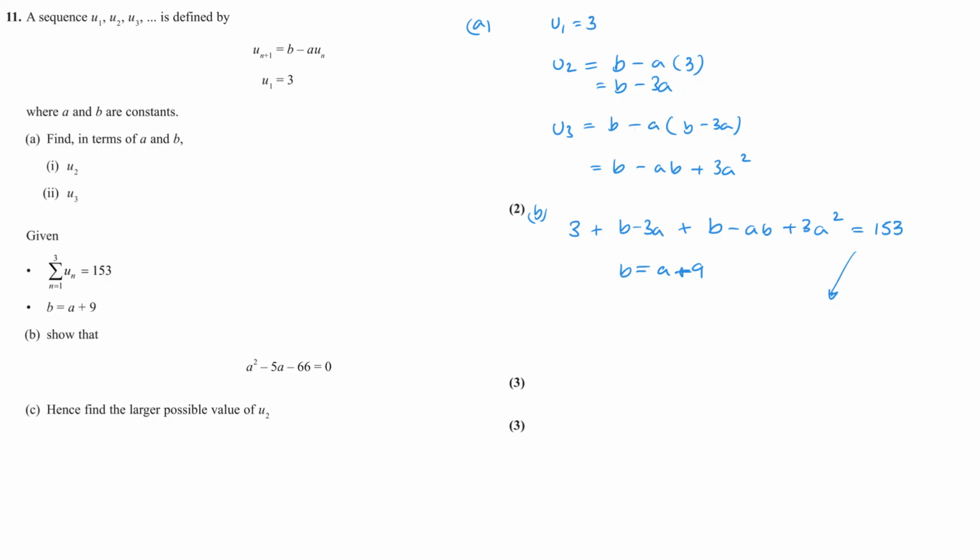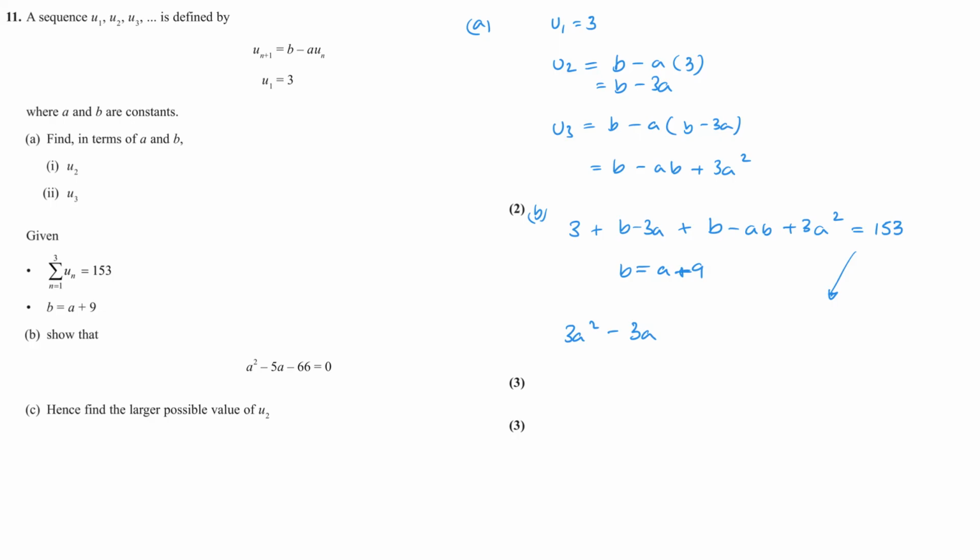Okay, so let's see. 3A squared minus 3A.